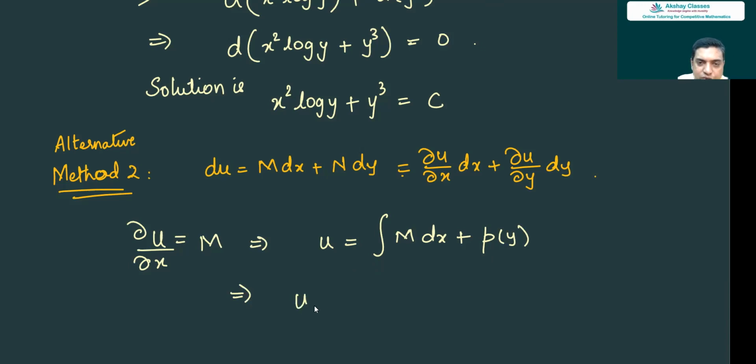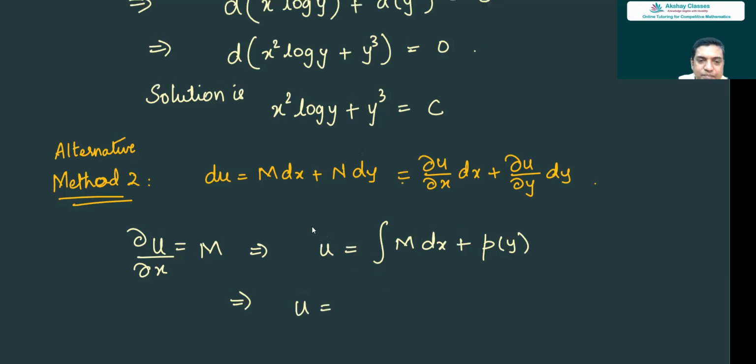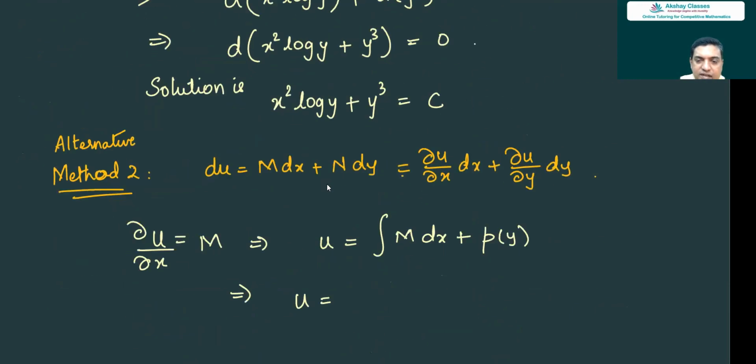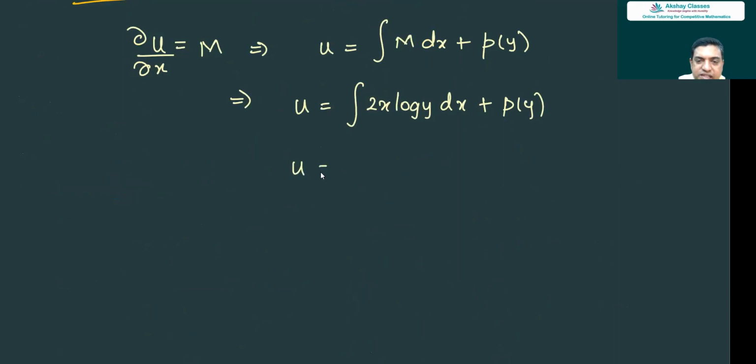So what is m? M is this term, 2x log y. So u is the integral of 2x log y dx plus p of y. Treating y as constant, the integral of 2x is x square log y plus p of y.